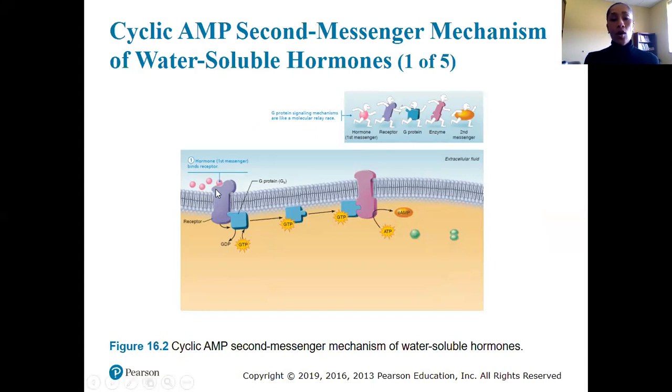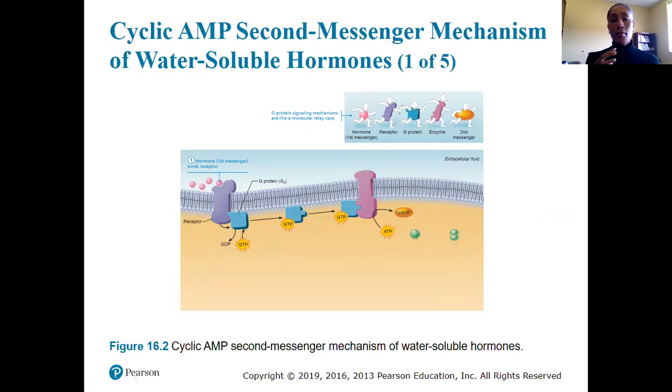When the hormone, or first messenger, binds to the receptor, it's going to cause this G protein to be activated.